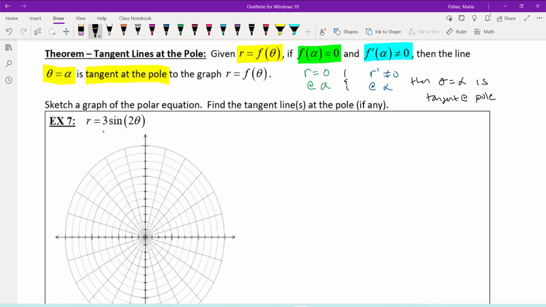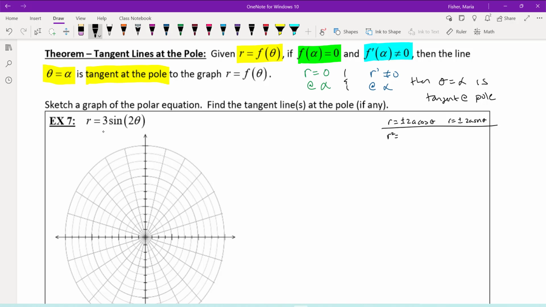Now the other thing I want to talk about is the number of tangents at the pole. If you remember what I just said, circles, lemniscates, and roses are going to have tangents at the pole. So for a circle, really we're looking at r equals plus or minus 2a cosine of theta, and r equals plus or minus 2a sine of theta.